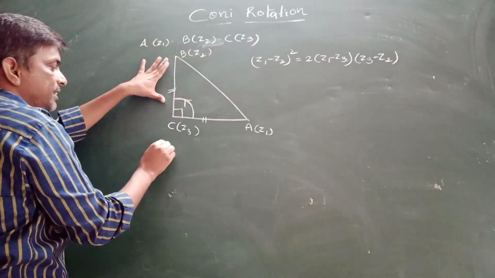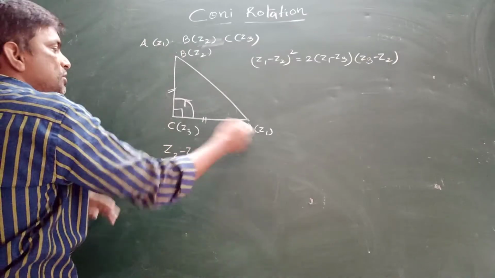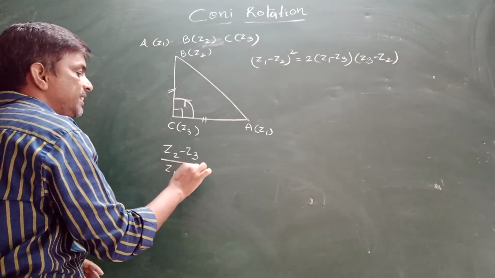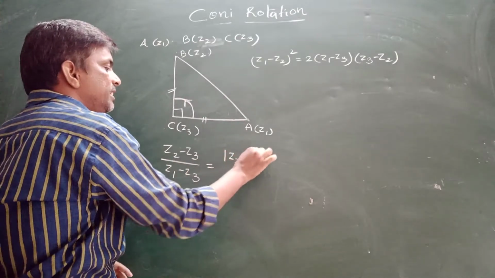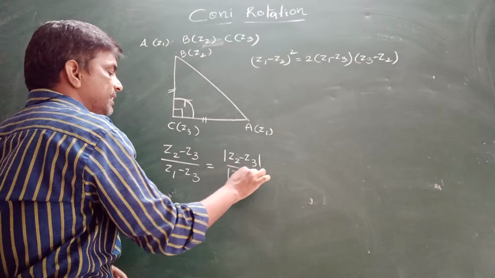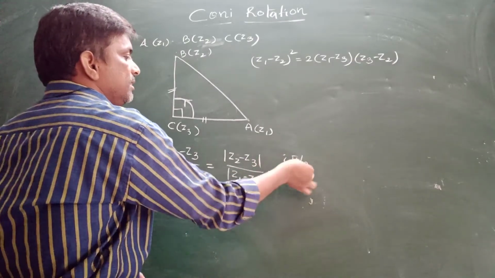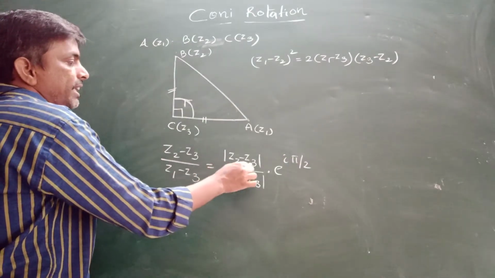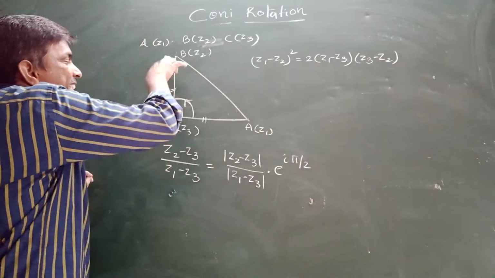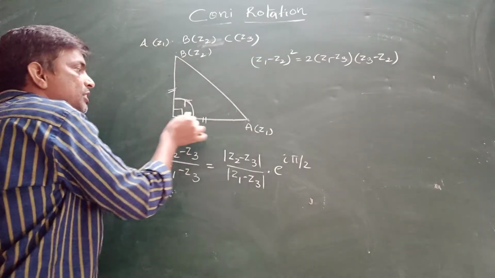The final position is Z2 minus Z3, upon the initial position Z1 minus Z3, which is equal to mod Z2 minus Z3 upon mod Z1 minus Z3, into e power iota theta. We have rotated 90 degrees. Now again, Z2 minus Z3 is nothing but the distance between these two complex numbers, and Z1 minus Z3 is the distance between these two complex numbers.